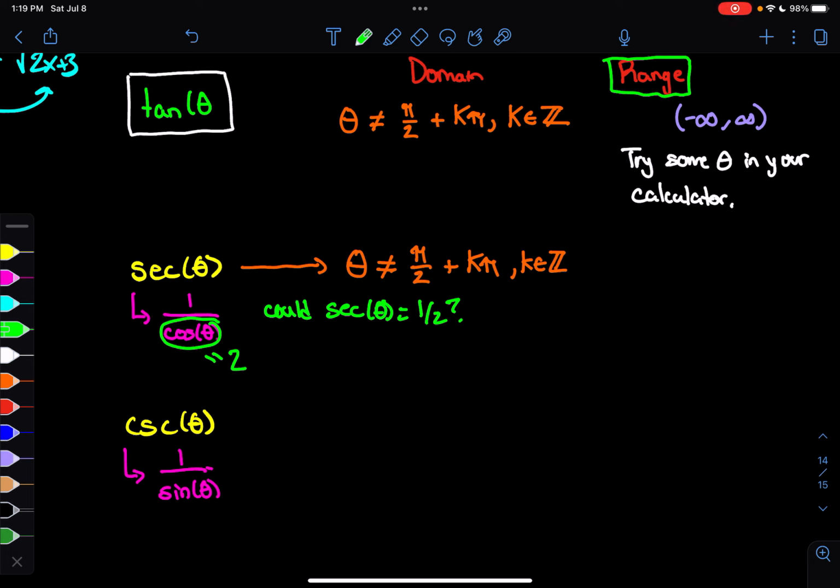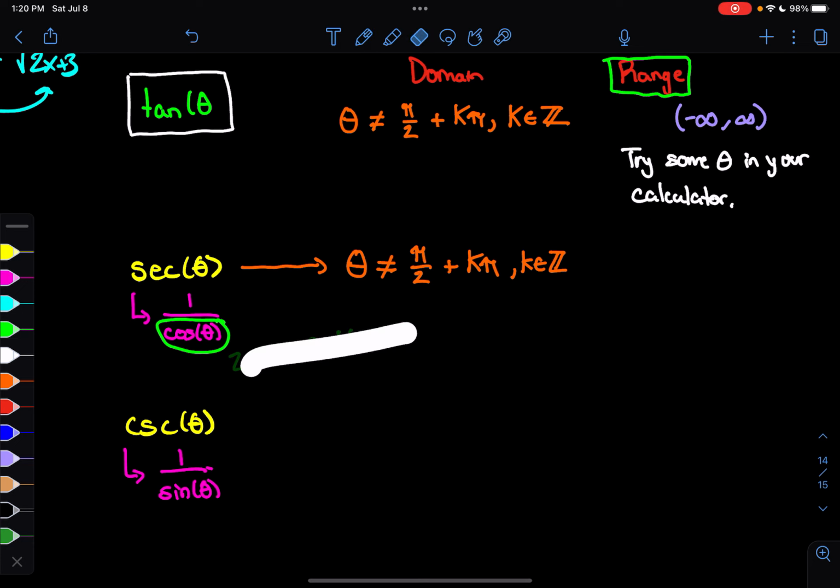Because cosine of theta is trapped between -1 and 1, right? So we can't do that. And it turns out that we literally cannot get any fraction, because it would require cosine of theta to be equal to 2 or 3 or 3.5 or 4 or 100 or whatever, which cosine can't be any of those values.